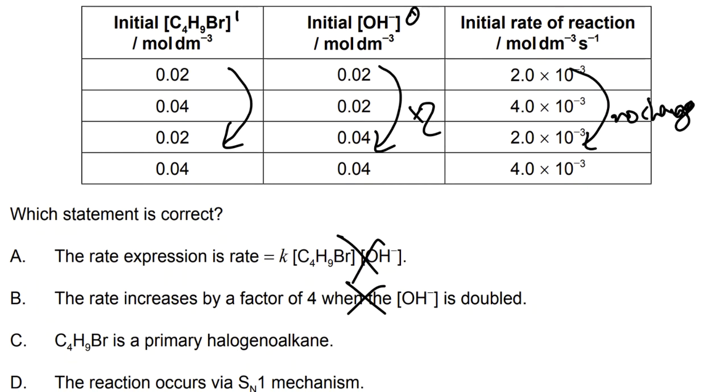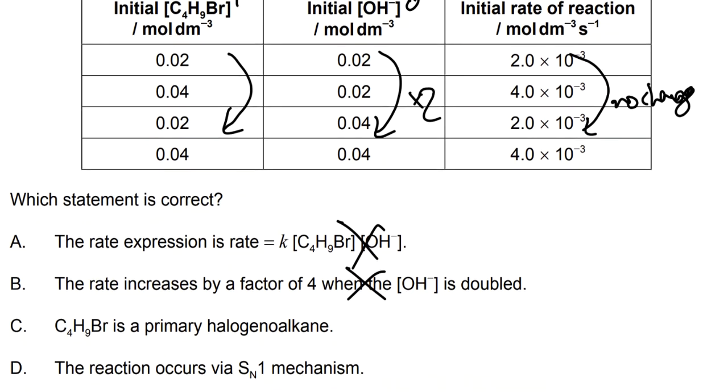The SN2 mechanism, which is for primary halogenoalkanes, has two concentrations in the rate expression. So I believe that D is going to be the right answer because the SN1 mechanism only has one.